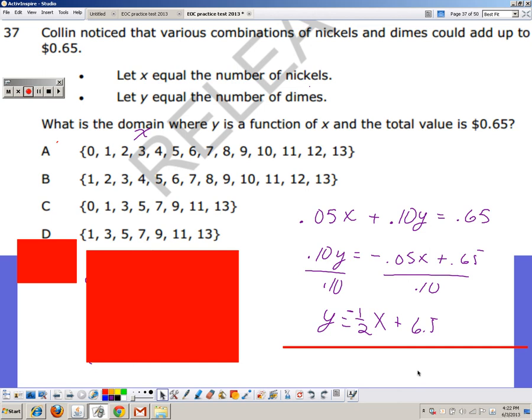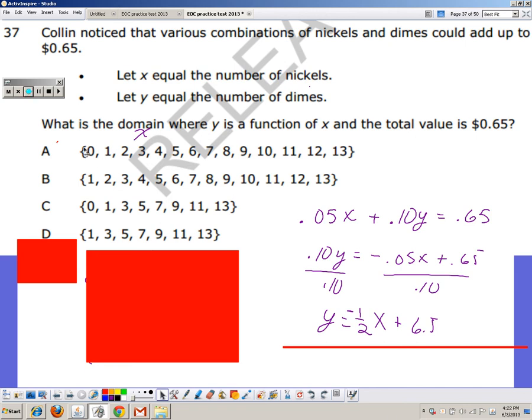For example, 2.5 dimes. Even though 2.5 may be your y, there's no such thing as 2.5 dimes. You either have 2 dimes or you have 3 dimes. So again, if we get a part of a dime, we know that that x value cannot be used.